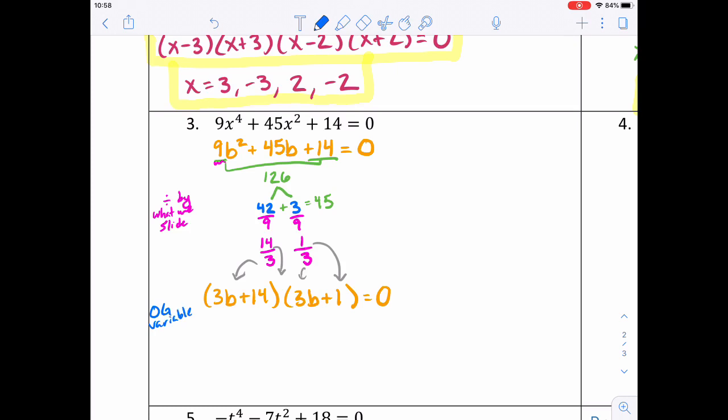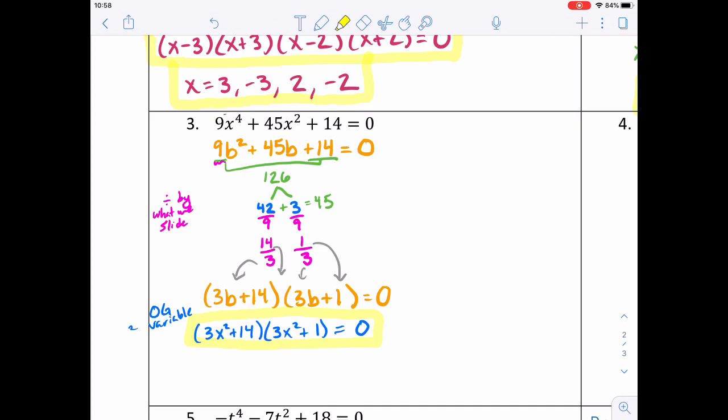But it's always going to be squared when we're dealing with x to the 4th. So when I put this back in, I get 3x squared plus 14, 3x squared plus 1 equals 0. So this is my factorization. The most common mistake people make when we're doing substitution is forgetting to go back to our original variable. So make sure that you do this.